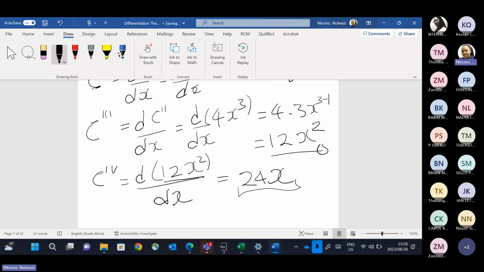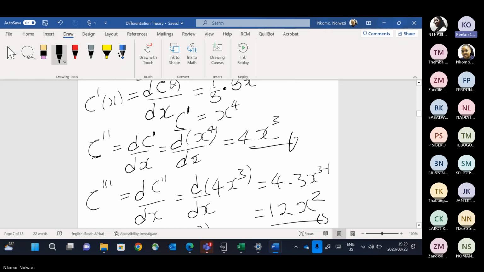Do we have questions on the higher order derivative? Are we all together? Hi, ma'am. I understand everything after the second derivative, but in the first derivative, why did we go to 1/5x?